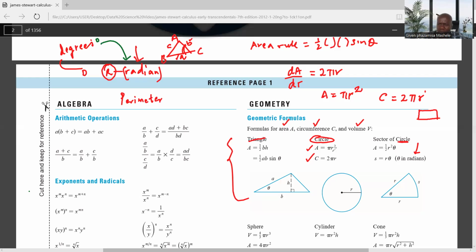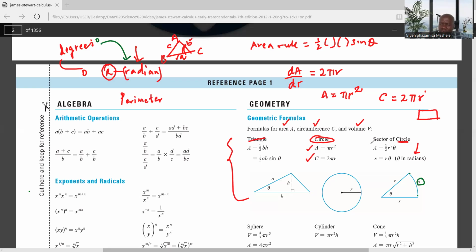For example, if you wanted to calculate the distance from here to here, which is called S, the arc length, then it's r multiplied by theta.